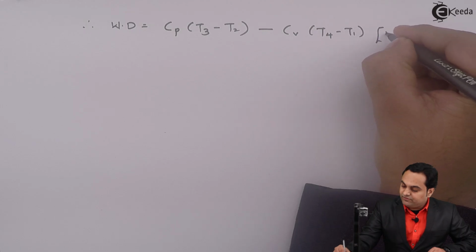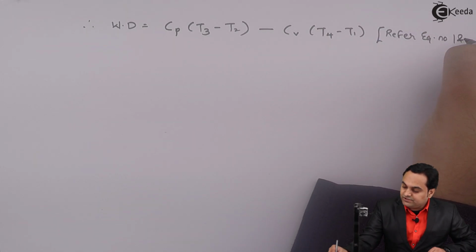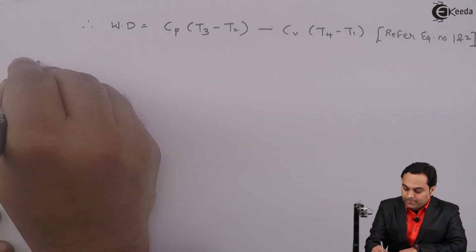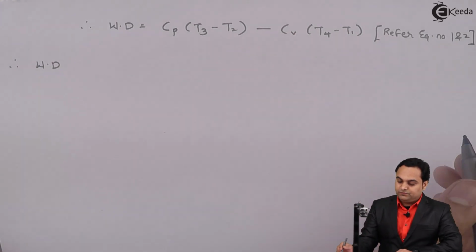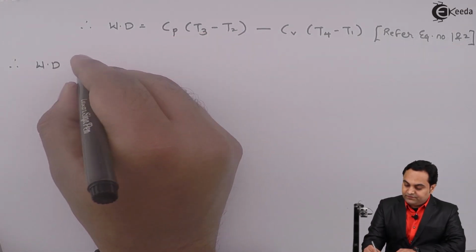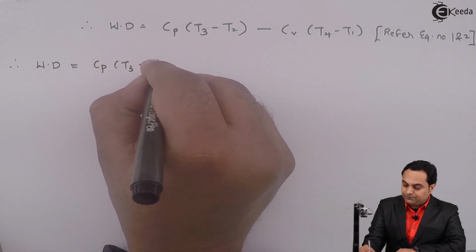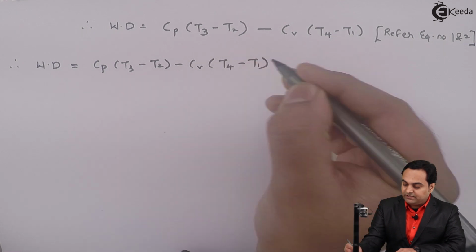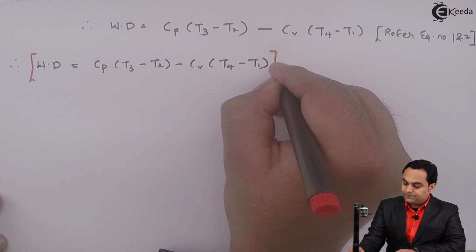Here I'll say refer equation number 1 and 2. So therefore work done will be the same thing, Cp into (T3 minus T2) minus Cv (T4 minus T1). I'll keep it as it is because I won't make any changes here.